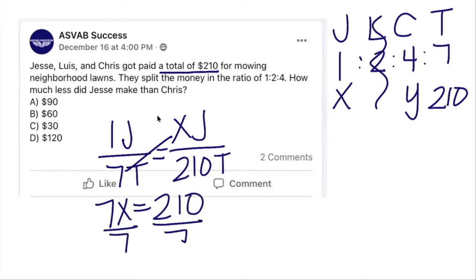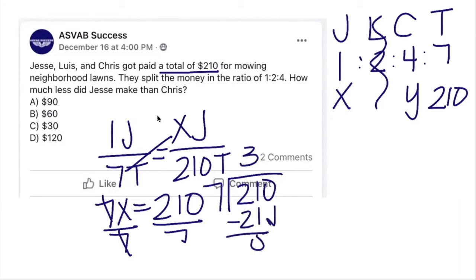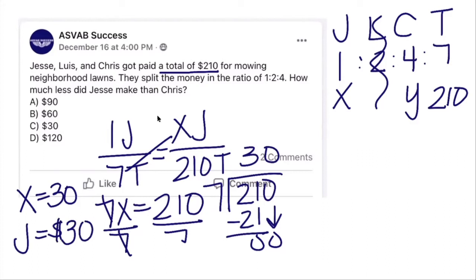We divide by 7 to get the X by itself. 210 divided by 7. 21 divided by 7 is 3. Bring down that 0, so this is 0. So that means X is 30, or in other words, Jesse made $30.